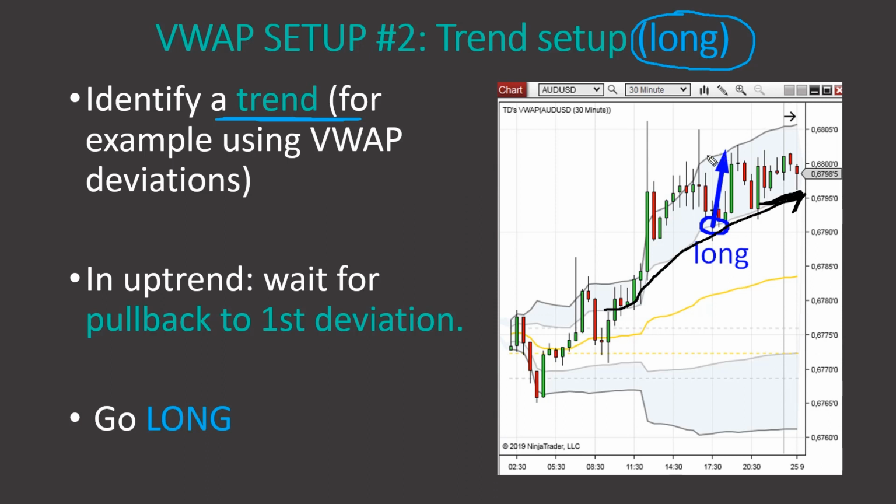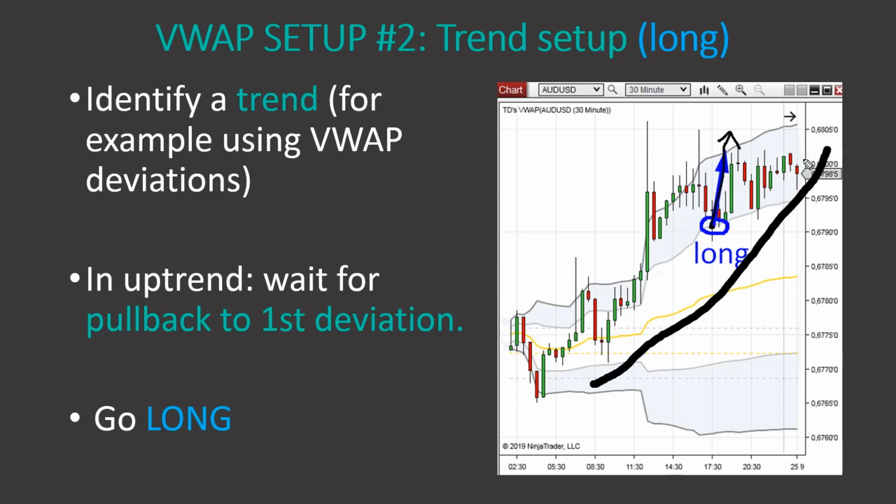So you want to see the price above the first deviation, like in here, and what you're waiting for is pullback to the first deviation. When the price hits the first deviation, like in here, you enter a long, you enter in the direction of the trend because you want to participate in that trend, right?